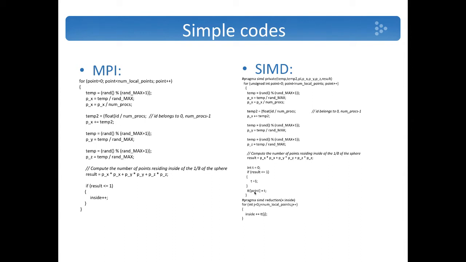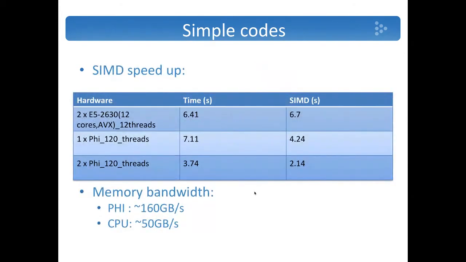Accessing DDR is painfully slow compared with accessing the register. So the CPU and the Phi will have to write the data to the DDR memory and read them again for the reduction operations. The CPU has a relatively lower DDR memory bandwidth, only around 50 gigabytes per second, but Xeon Phi has 160 gigabytes per second. So that means the DDR memory controller is much faster on Xeon Phi than on CPUs.